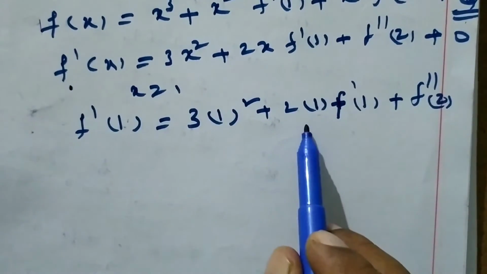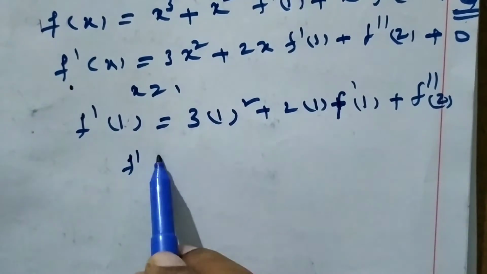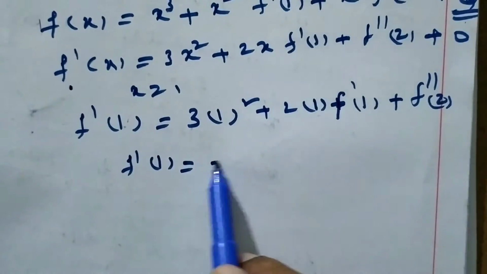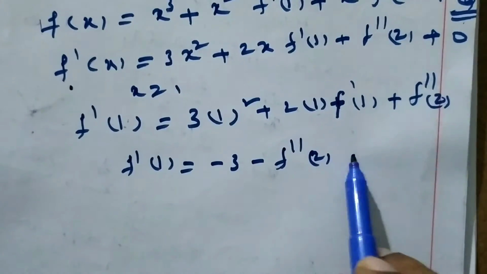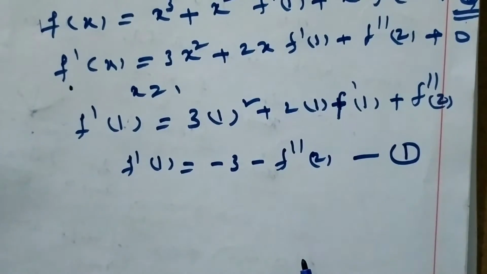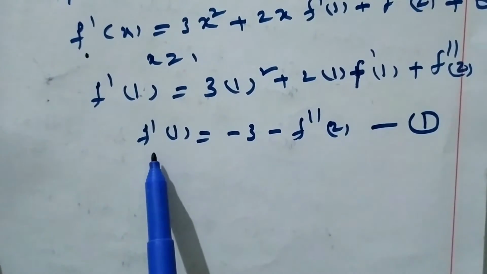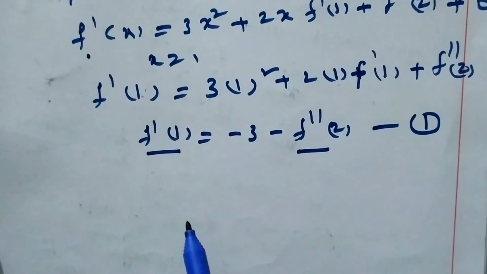By taking f'(1) to one side, we get f'(1) = -3 - f''(2). This is equation 1, the relation between f'(1) and f''(2).